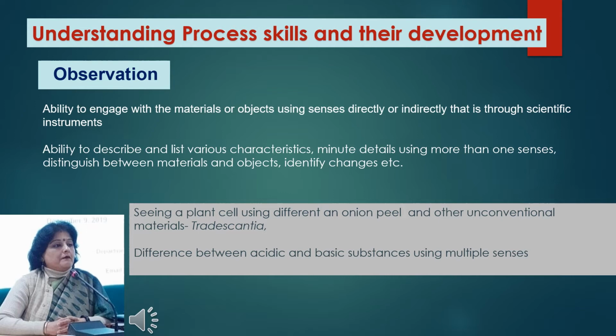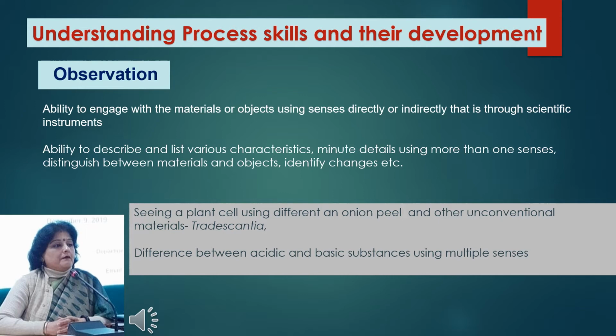Also, we can say that it is the ability to describe and list various characteristics, minute details using more than one sense, and also the ability to distinguish between materials and objects, as well as to identify various changes around us.